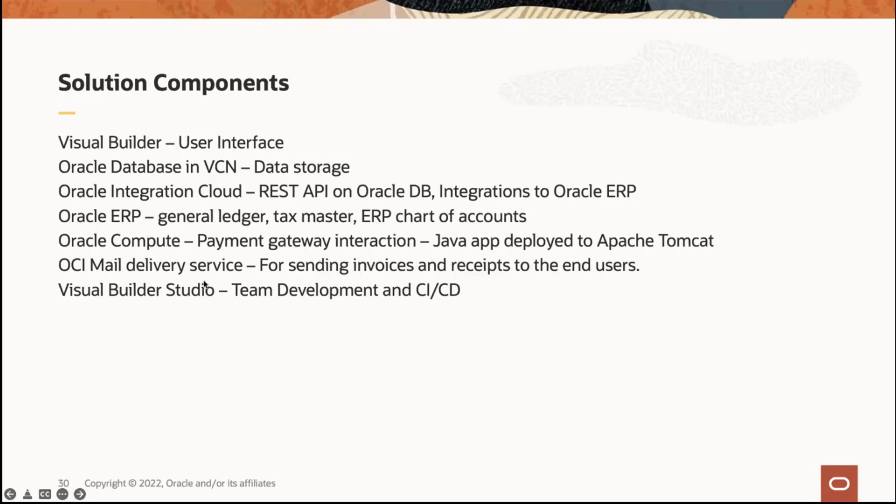We have also used the OCI Email Delivery service, which will be sending the invoices and receipts to the end users as attachments on emails. And we have used Visual Builder Studio for the VBCS development, storing all the code artifacts, and for the CI/CD.